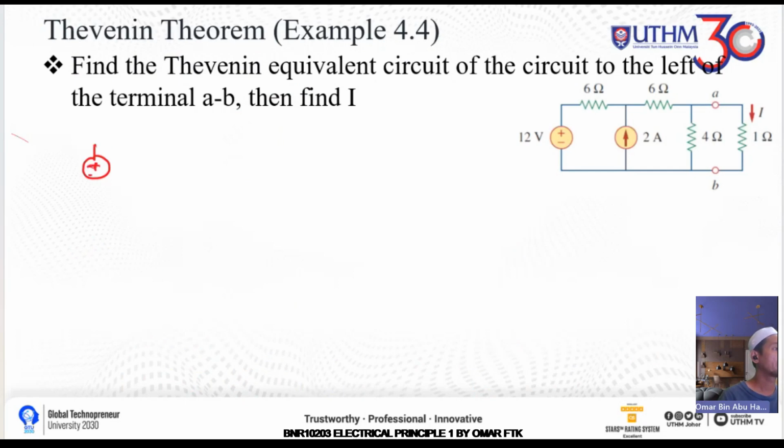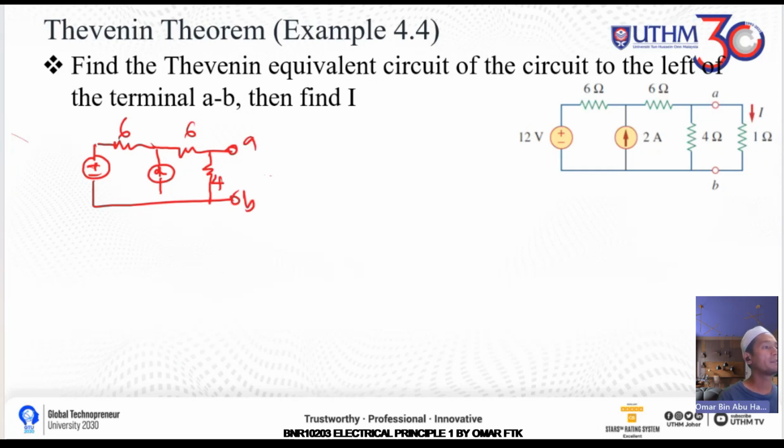We have plus minus 6, 6, 4, A and B. So you need to determine the VTH here.